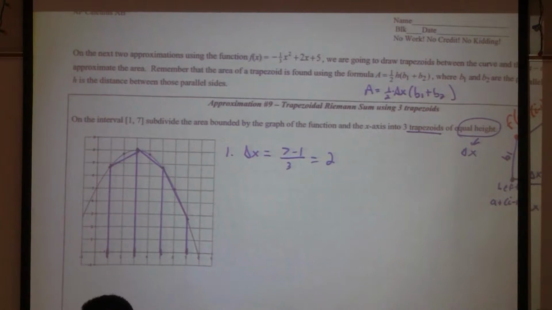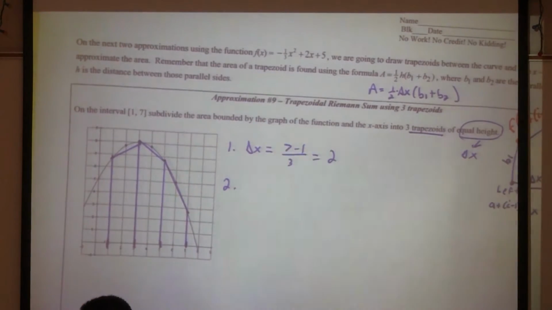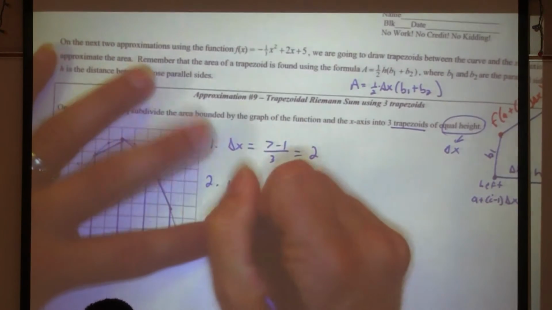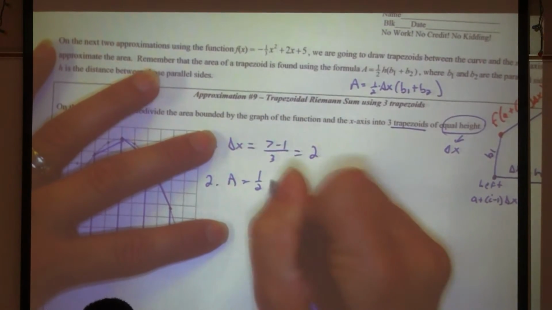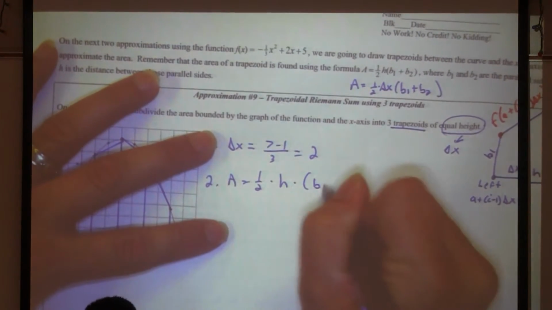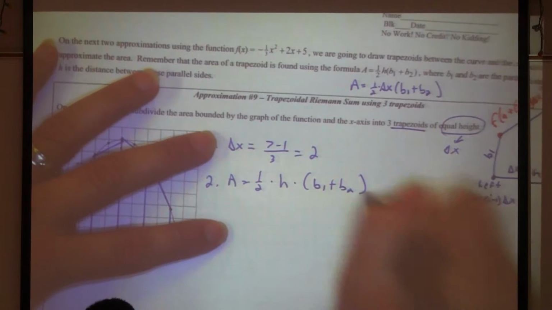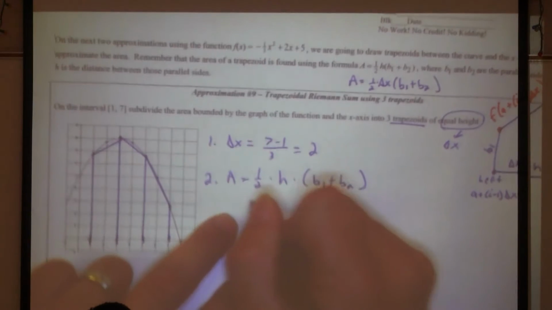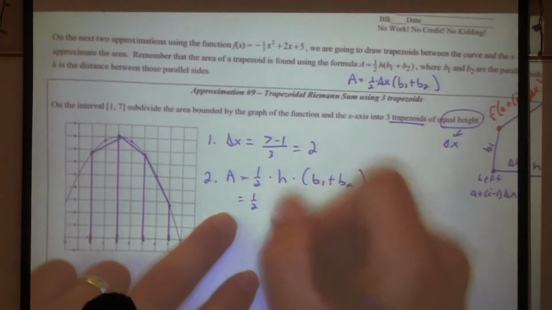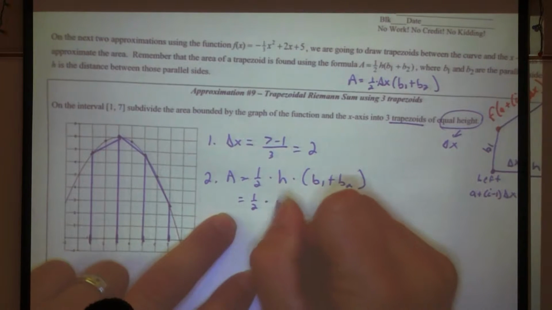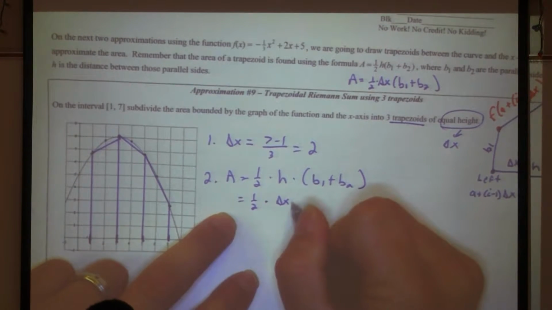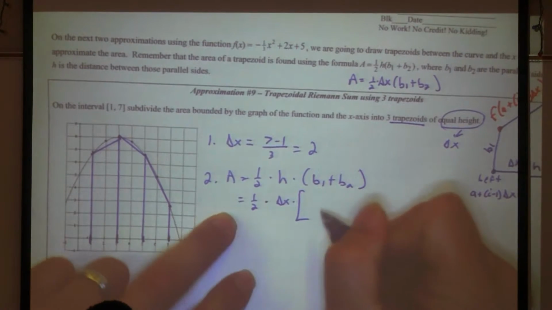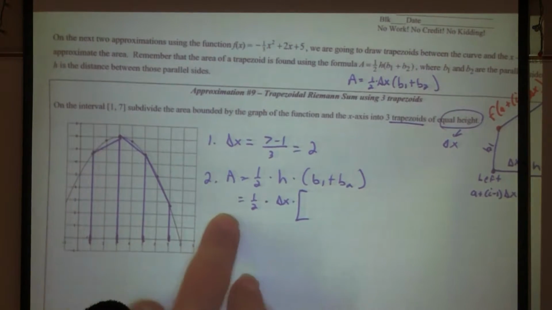Cool? Let's come up with the formula here. So we said the general formula was 1/2 times the height times base 1 plus base 2. Let's replace those with what they should be according to the problem. So the half is going to stay there. The h is going to be what? Delta x. This base 1 and base 2 are going to be some different stuff.